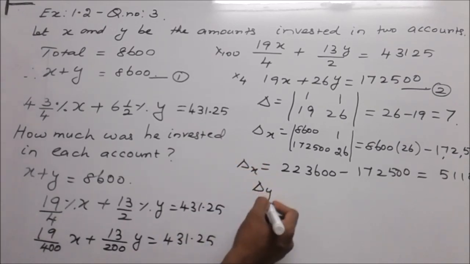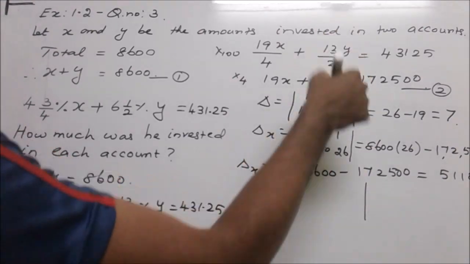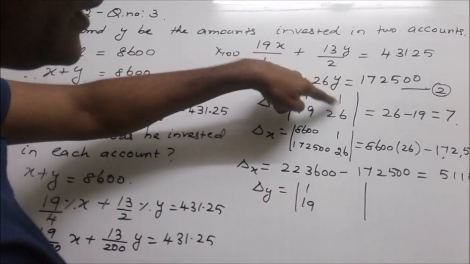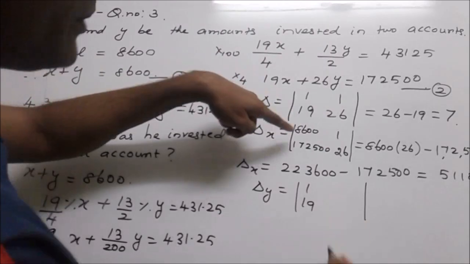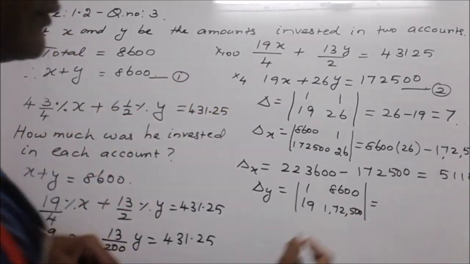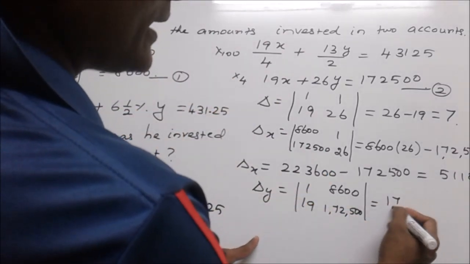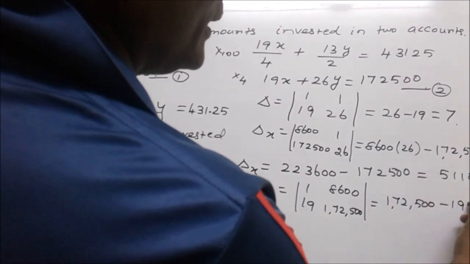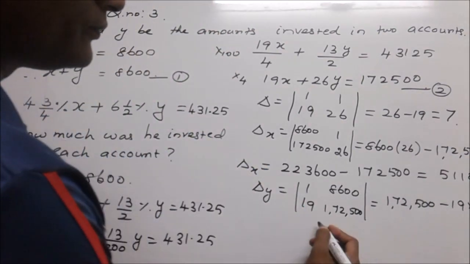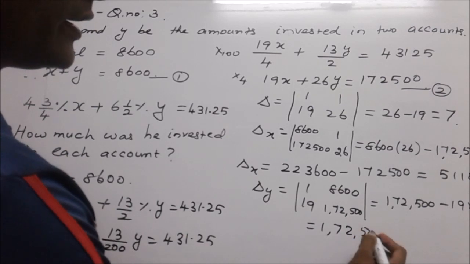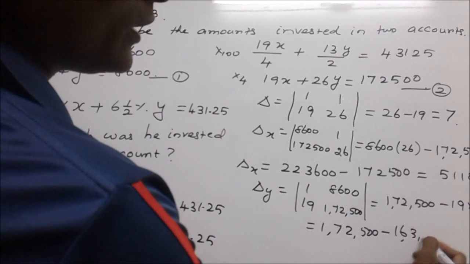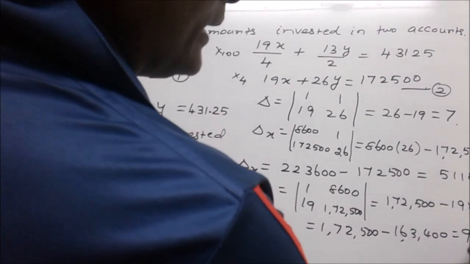Then delta y is equal to, replacing the coefficients of y and keeping the coefficients of x as they are, 1, 19 and 8600, 172500, which by cross multiplying gives 172500 minus 19 into 8600, which is equal to 172500 minus 163400, which is equal to 9,100.